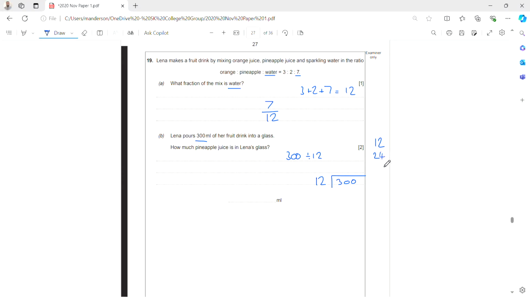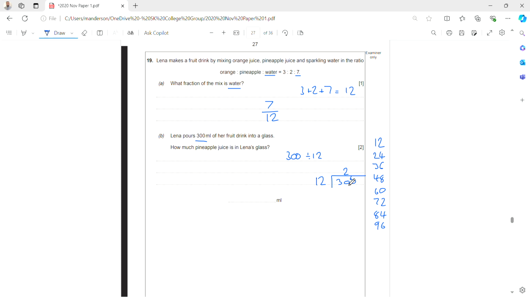So 12, 24, 36, 48, 60, 72, 84, 96. We probably won't need any further than that. So 12 goes into 3, it doesn't. 12 goes into 30 twice, because 2 12s are 24, and I'm left with 6 left over.